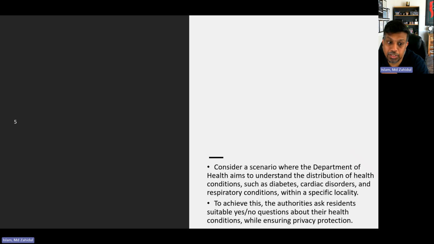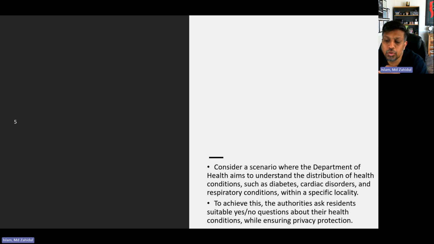So it's a scenario, and let's say the purpose is to understand how they should most effectively allocate their resources. So if they know that the concentration of diabetic patients is high in a particular region, then maybe they need to equip those service providers, service facilities in those regions accordingly. So they need to understand this distribution very accurately so they can take necessary steps.